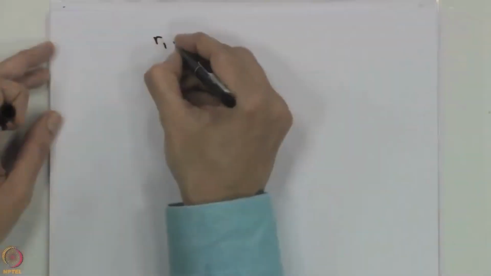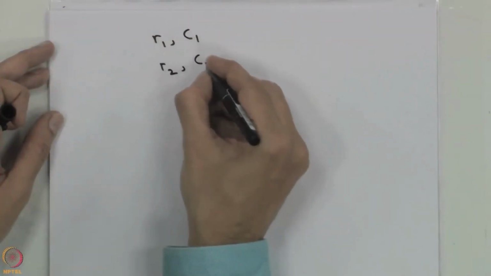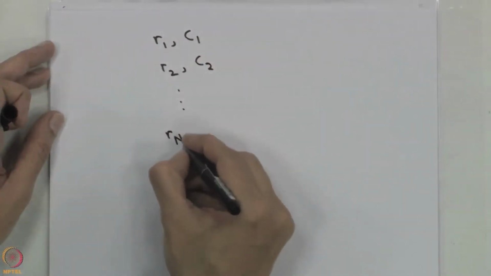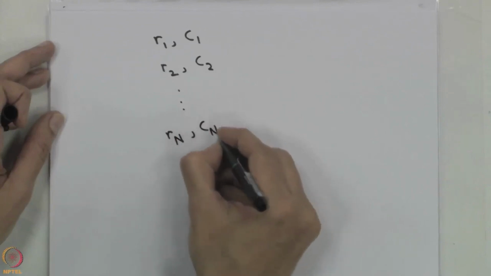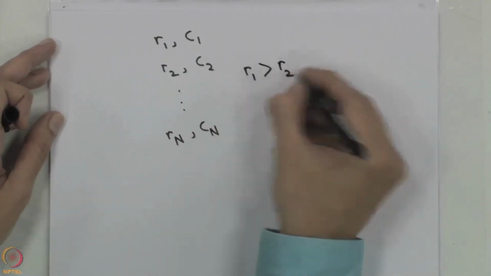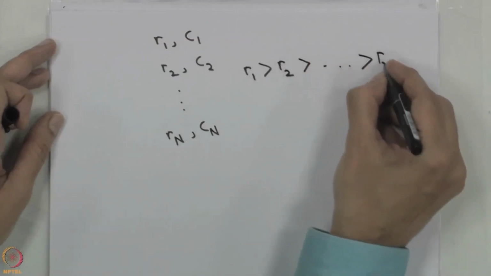We would like to go for the highest first. So, let us make it R1 C1, R2 C2 and so on to Rn Cn. We arrange it so that R1 is greater than R2 is greater than, and so on to Rn.